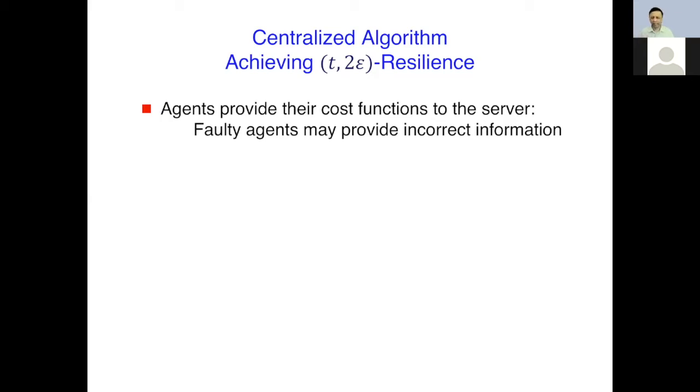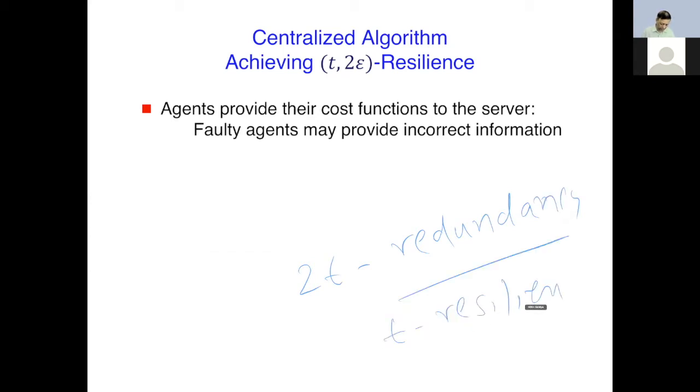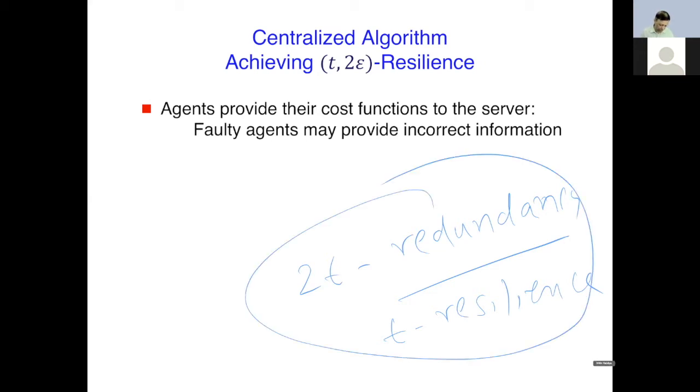Here's a centralized algorithm. If you recall, we also discussed the centralized algorithm for the setting where we have 2t redundancy and we achieve t resilience. We did not discuss the distributed algorithm yet. The algorithm that I'm presenting next is a generalization of the algorithm that we discussed in the last lecture.